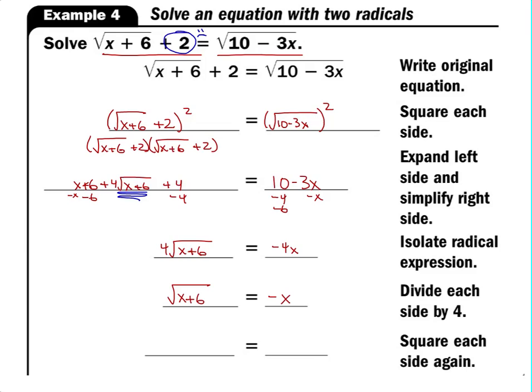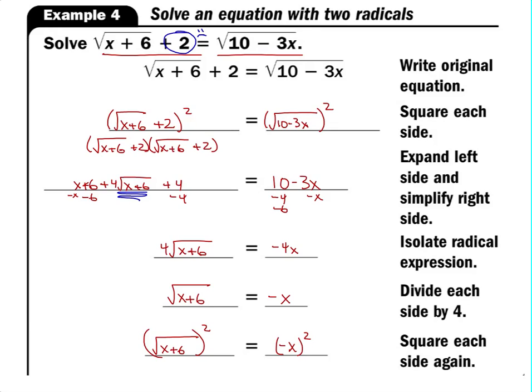And this is now so much better than it was before, right? If you compare this with what you had at the beginning, this is a much simpler problem. And it says square each side again, so we can square each side again. So we had a square root of x plus 6 squared equals negative x squared. Boom.